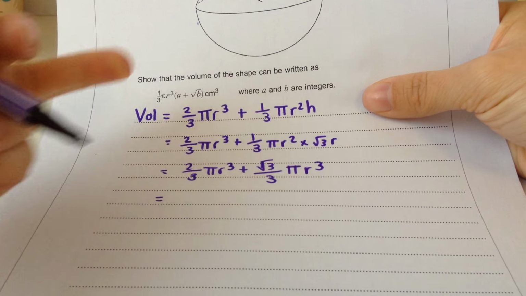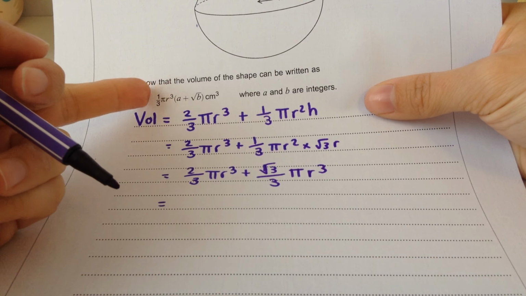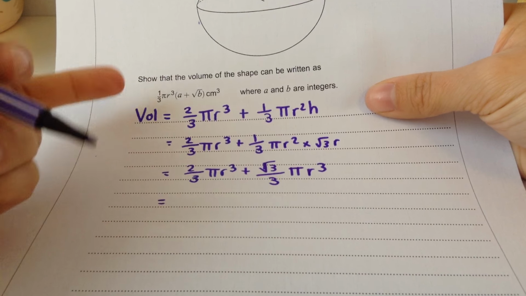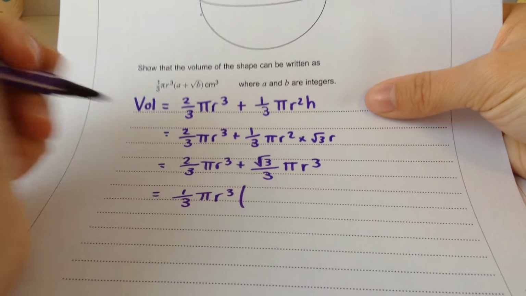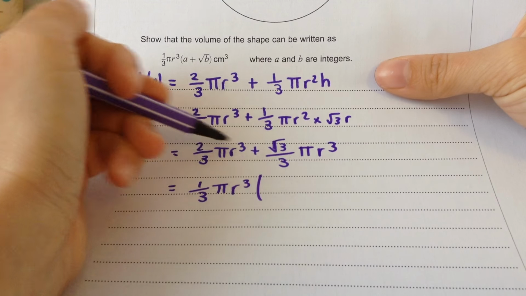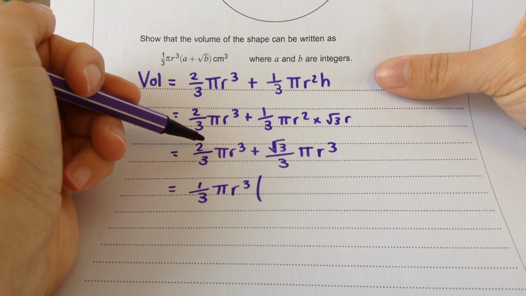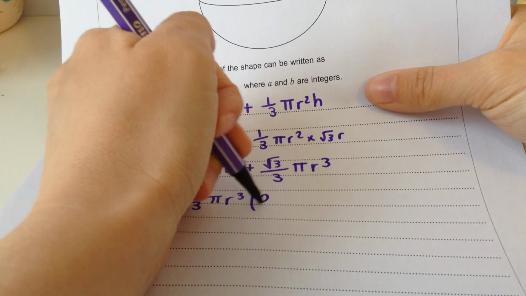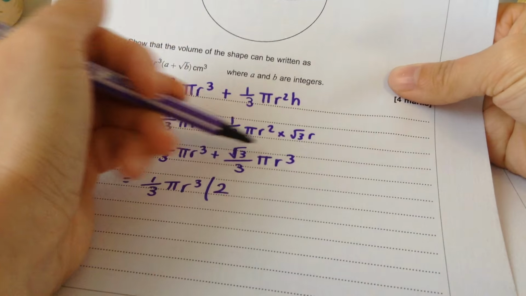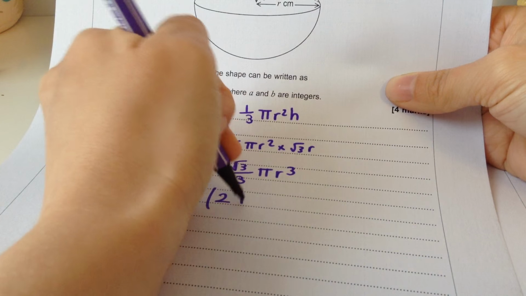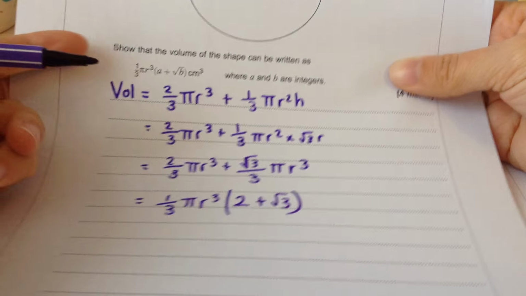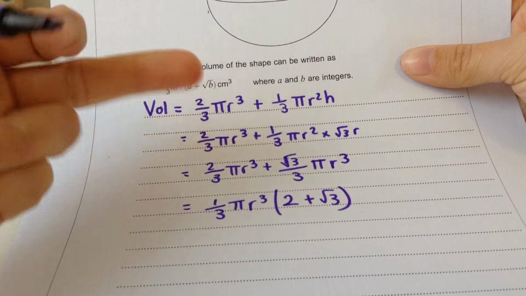I'm looking at the answer now, and I know that it wants 1/3 and pi and r cubed all on the outside, so I'm going to take those all on the outside. If I divide this thing by 1/3 pi r cubed, I'm just going to have 2. And if I divide this thing by 1/3 pi r cubed, I'm going to have root 3. Oh, there we go. Perfect.